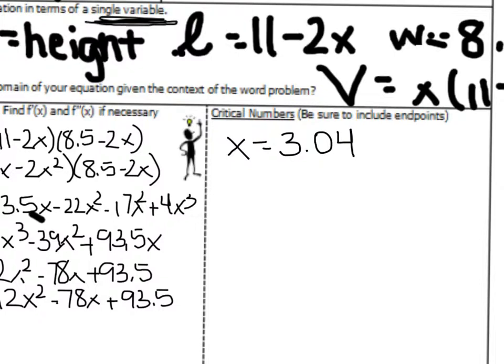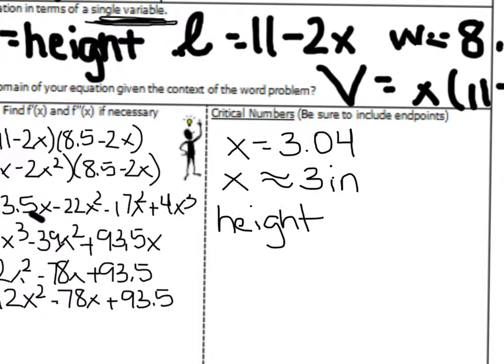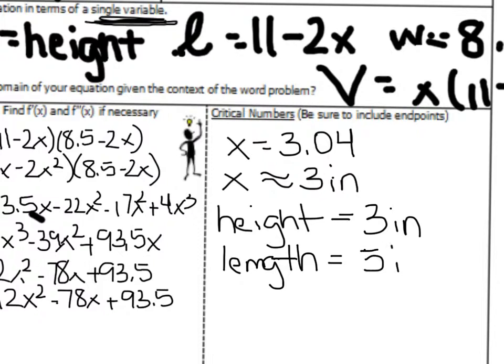So if we estimate this to be approximately 3 inches that we're going to cut, then our height will be 3 inches, okay? So then the length is going to be 11 minus 2 times 3, which is 5 inches.